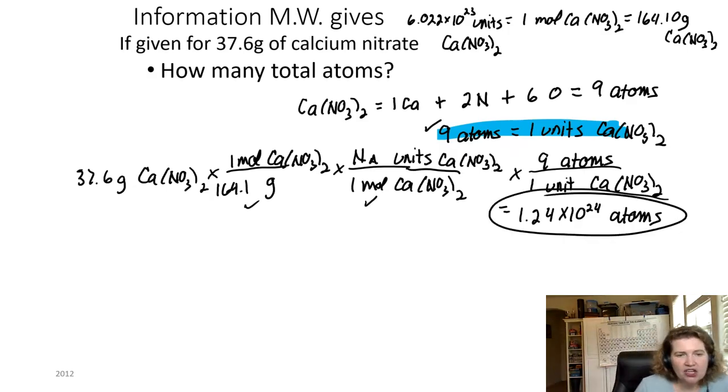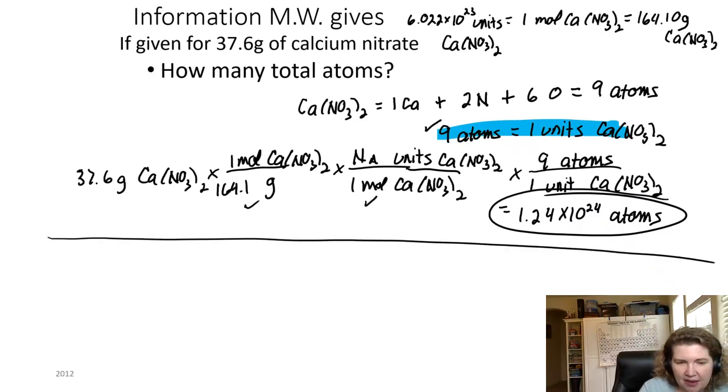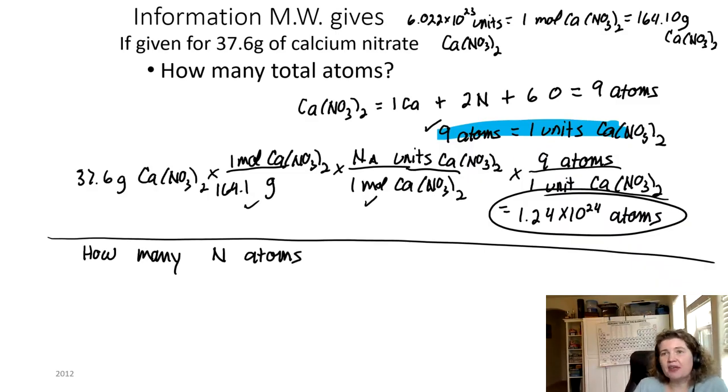Okay, in my final one, the last question, I kind of ran over it, so I'm just going to write down what it is I want to know: how many nitrogen atoms. Well, I need to relate the nitrogen atoms to something, so I just need to come up with a rational statement here.